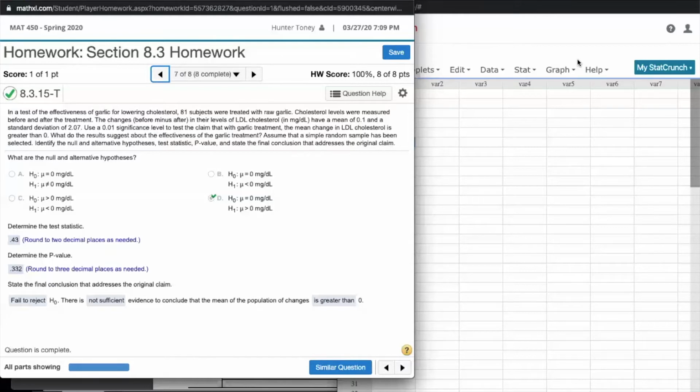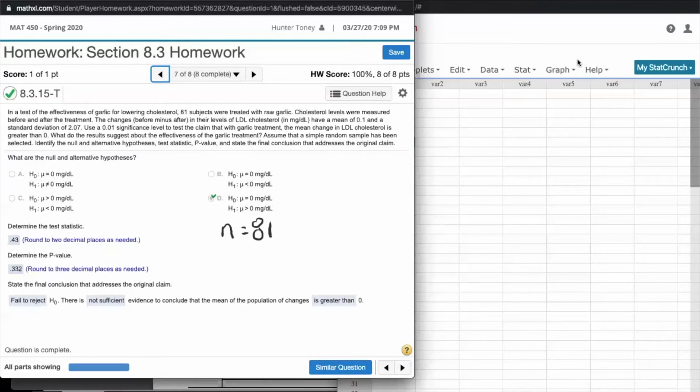So for the next part, they want us to determine our test statistic and our p-value and then state the final conclusion. So to calculate the p-value and the test statistic, we want to pull out the information we know, which the problem kind of gave us a lot of information, but we want to pull out the important pieces. So starting off, they told us we had 81 subjects. So we know our n is equal to 81.